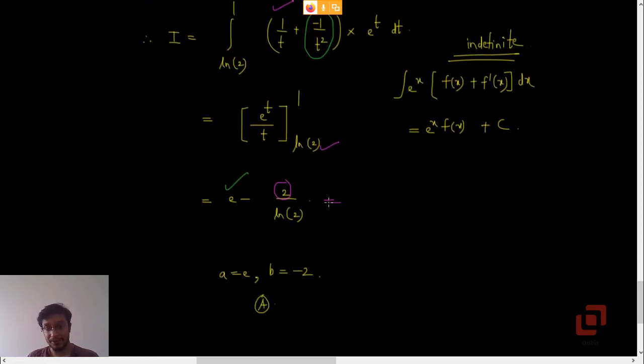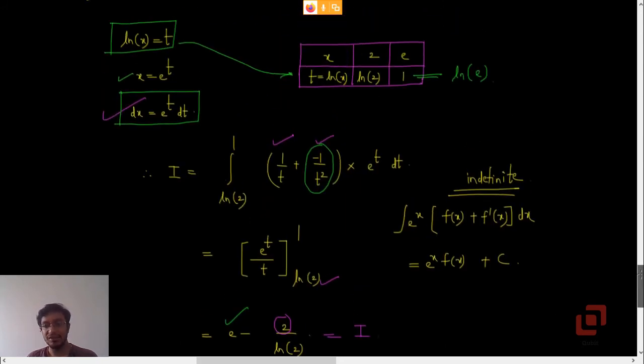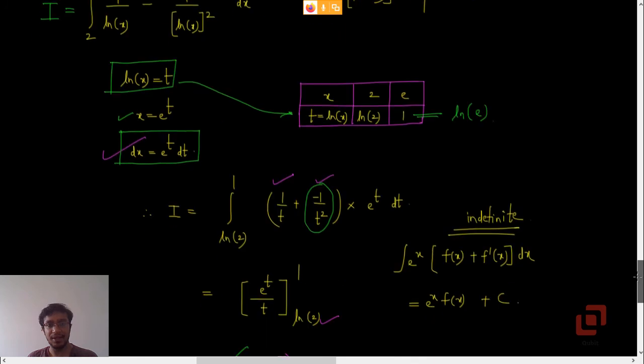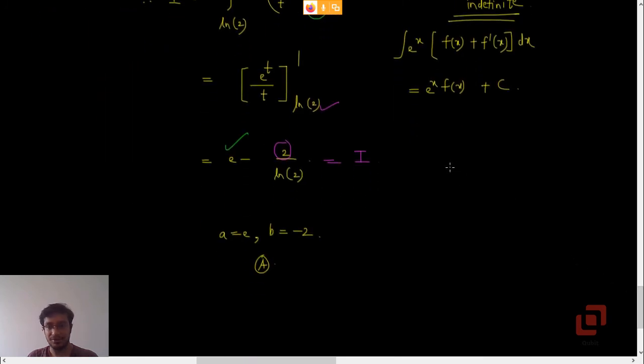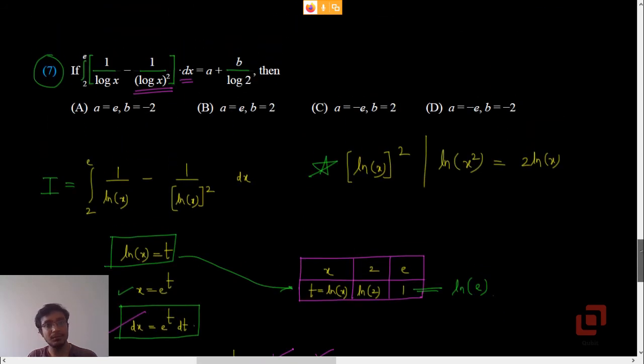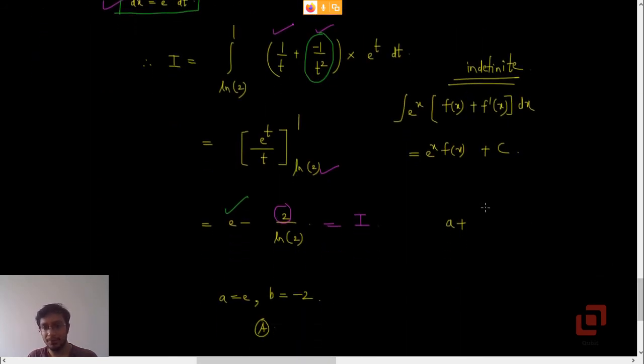This is a definite integral, but they have expressed the definite integral's value as a plus b upon log 2. So if you compare this with a plus b upon log 2, then clearly e will be equal to a, and here we have a negative sign, so b must be equal to minus 2.